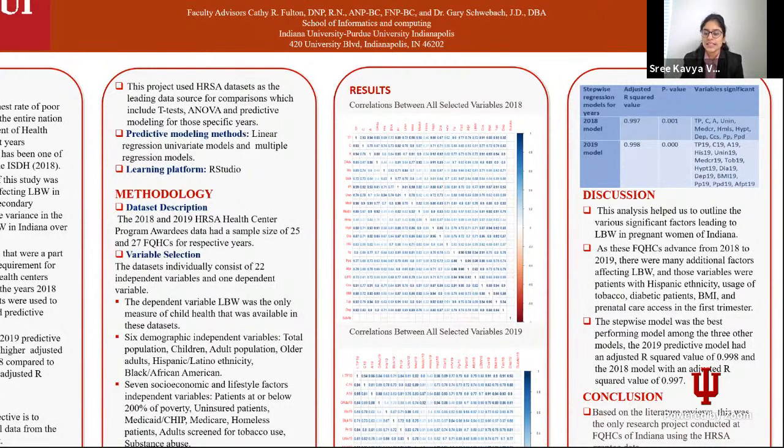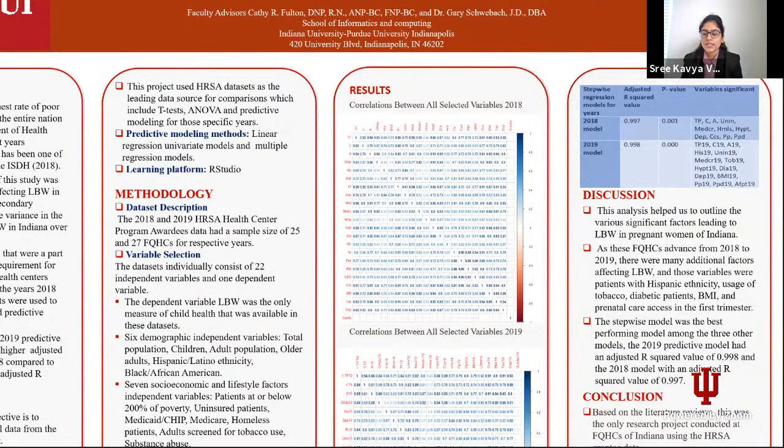Next, a univariate linear regression was performed to summarize the linear relationship between the independent variables and the dependent variable, low birth weight, in both the models, and almost all the variables were significant except homeless and substance abuse. Then 4 different multivariate regression models were built to determine and quantify the relationship between multiple independent variables and the dependent variable.